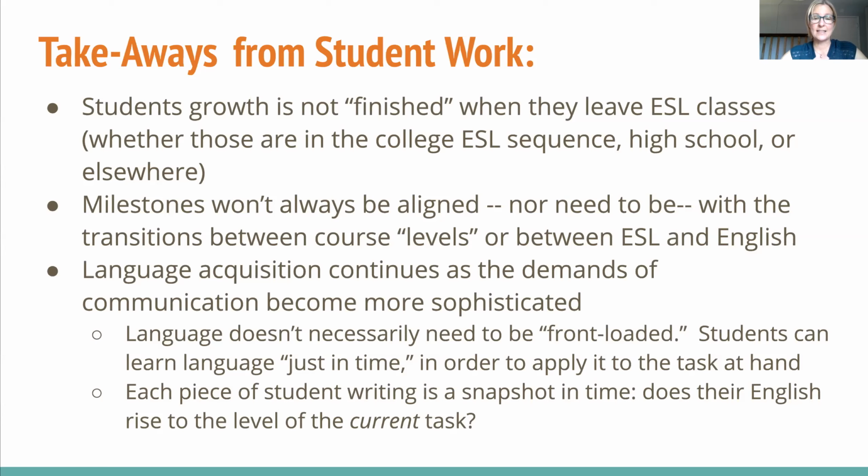Each piece of student writing that we looked at is a snapshot in time. And as we look at students' writing as snapshots, we need to ask ourselves, does their English and their control of English rise to the level of the current task?